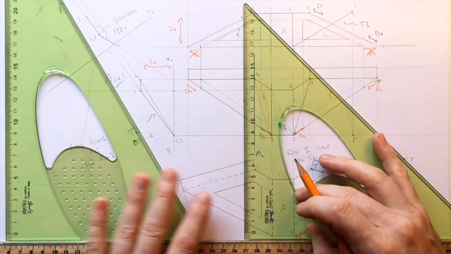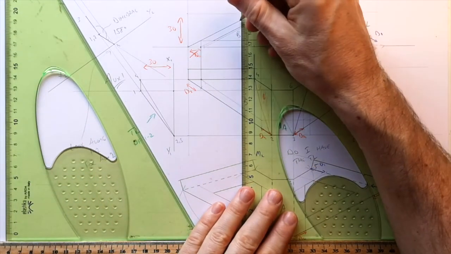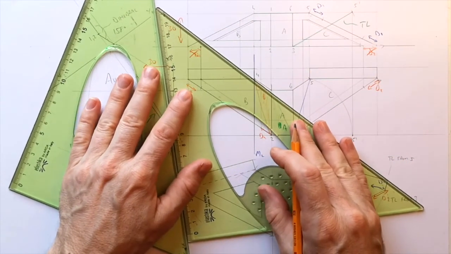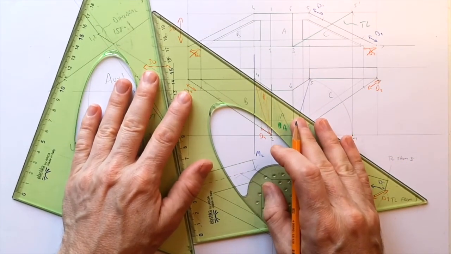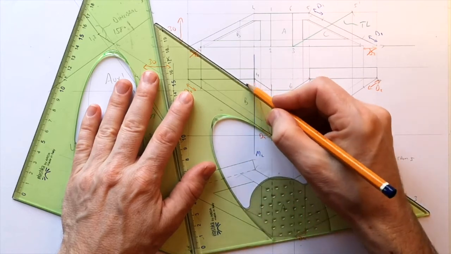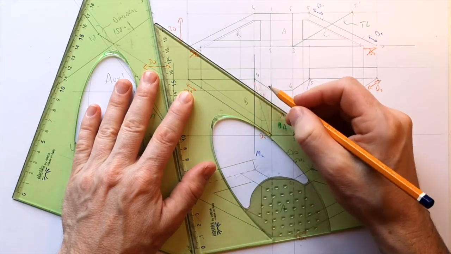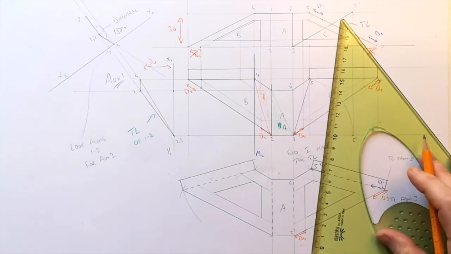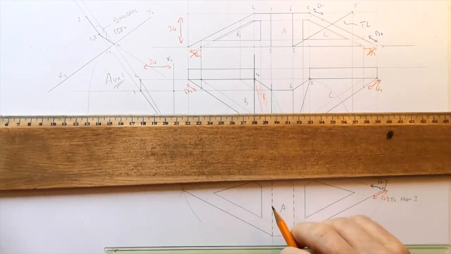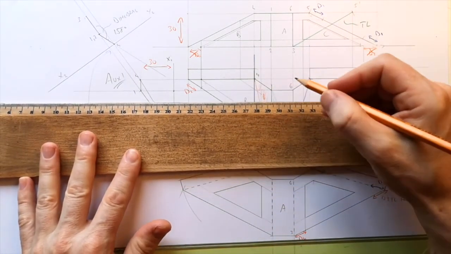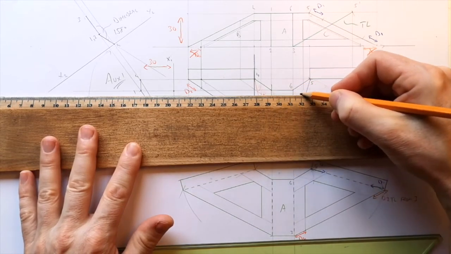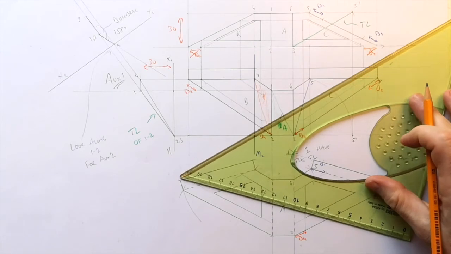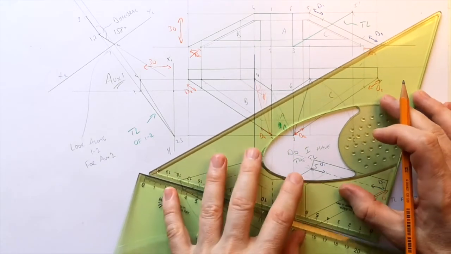Okay, so we'll bring this guy down to here. And now we can come back and we'll get that top connection. And we'll just mirror that across. So that came from here. And we get this top connection.